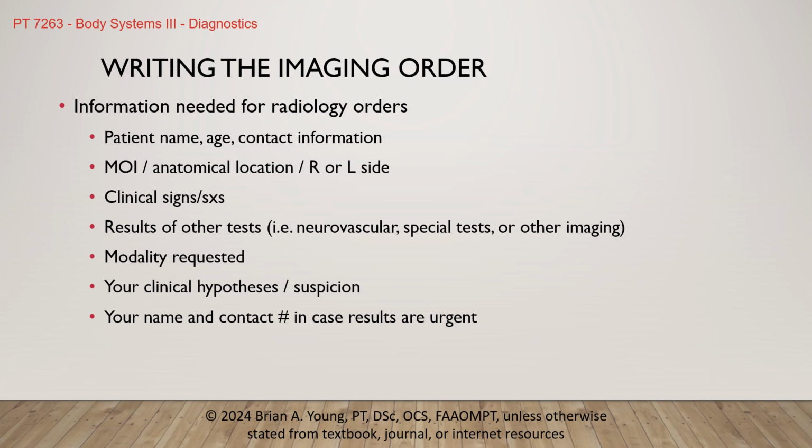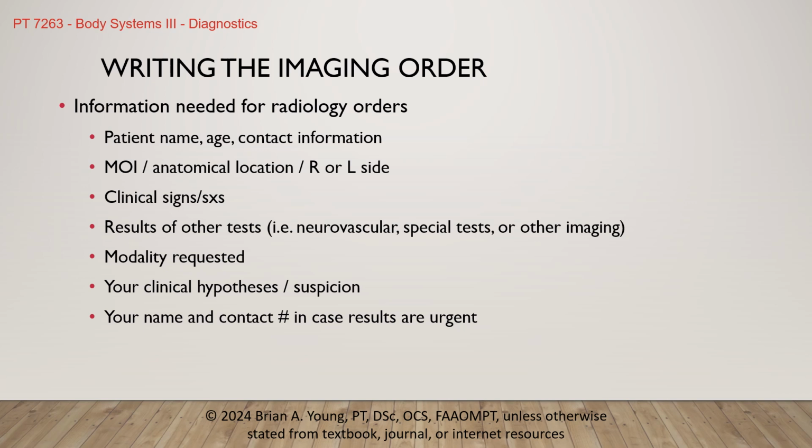What's the suspicion in your hypothesis through the reasoning process to get the imaging? If the imaging confirms your hypothesis, what would that hypothesis most likely be? List that down here. That's important because we're the ones who are doing the exam. They're just looking at a static picture. We're seeing this patient dynamically. And so we need to translate all of this to that radiologist.